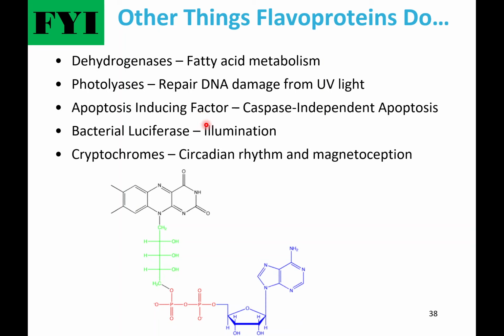Luciferase is an enzyme that causes chemiluminescence and illumination, creates light. And then they're also involved in what are known as cryptochromes, which are a family of proteins that are just kind of a new area of study.